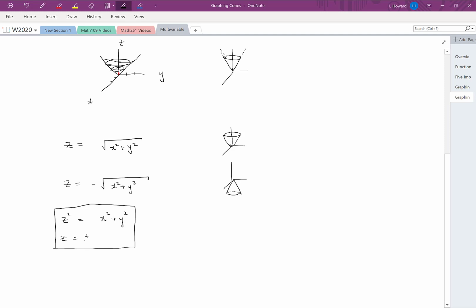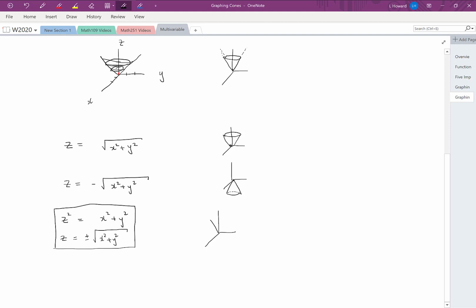Z would be either plus or minus the square root of x squared plus y squared. So if you take this bottom equation that has the plus or minus in it, and you square both sides, sure enough, either way you would get z squared equal x squared plus y squared.